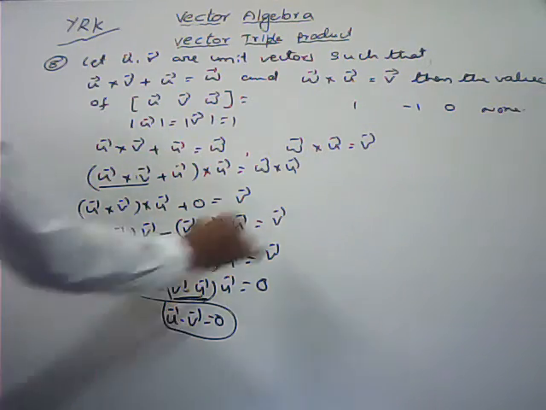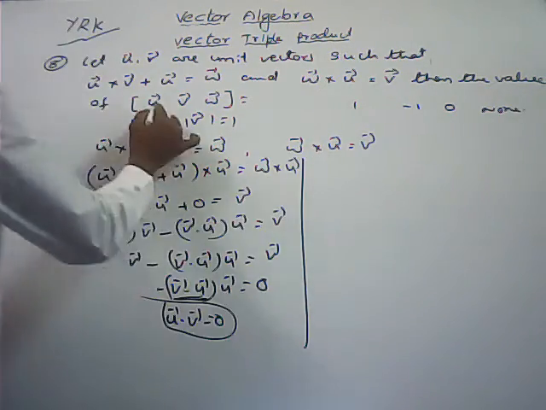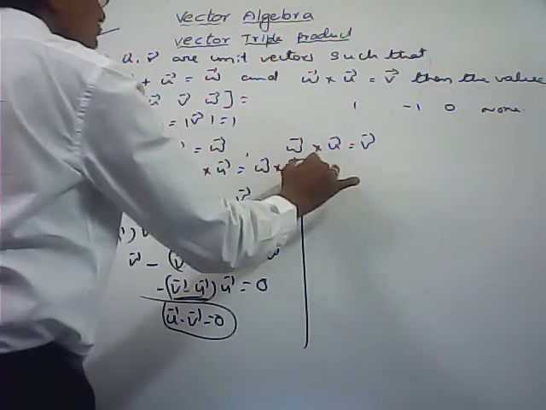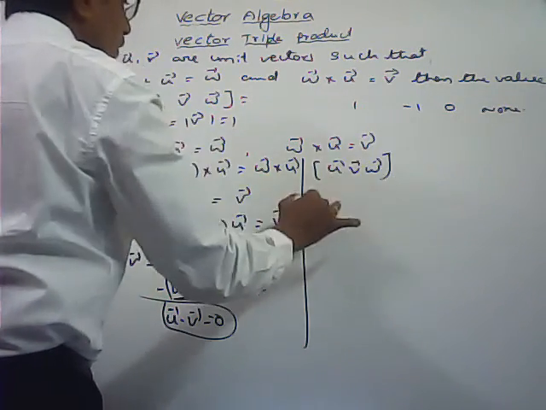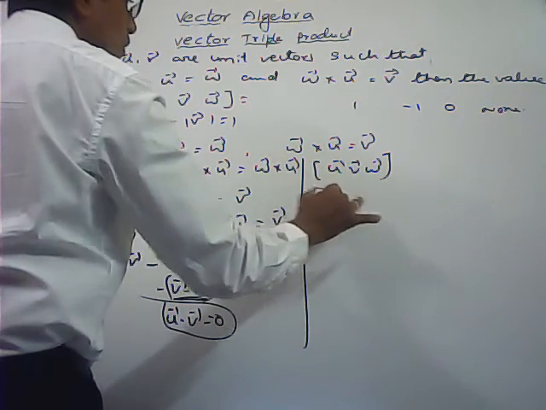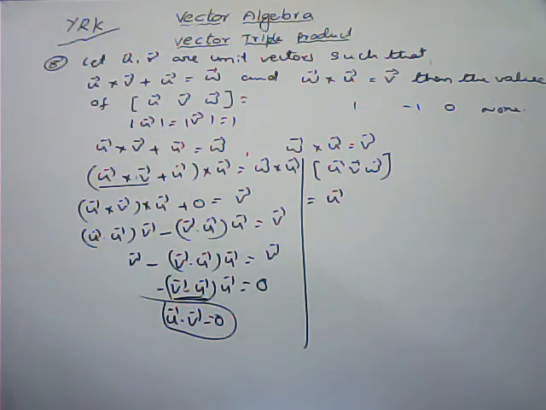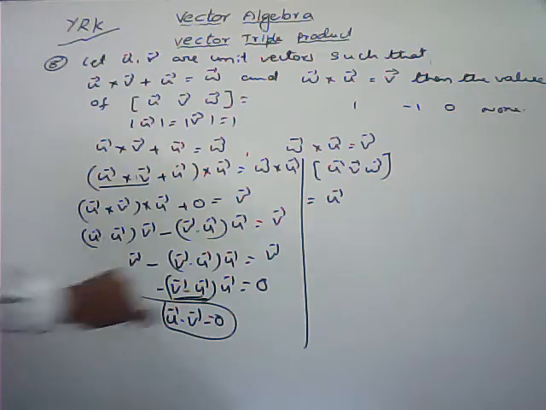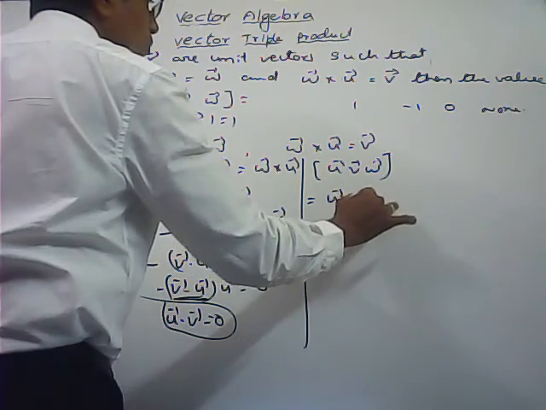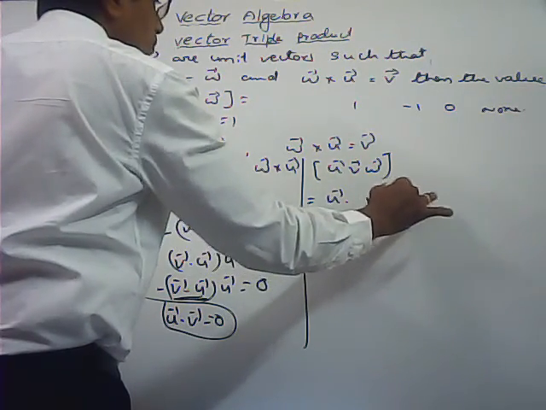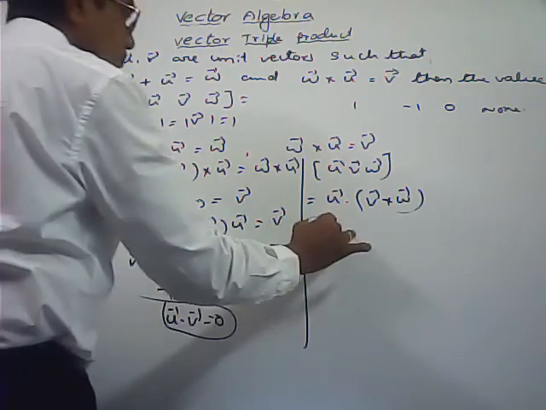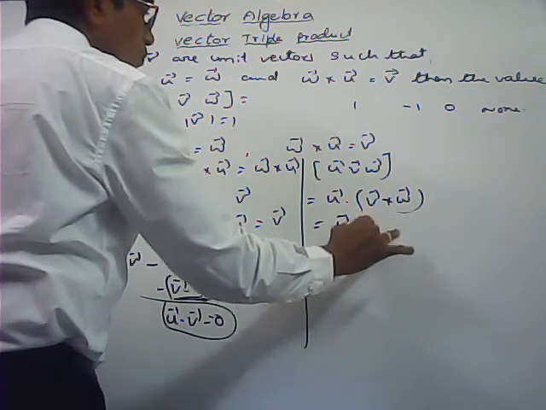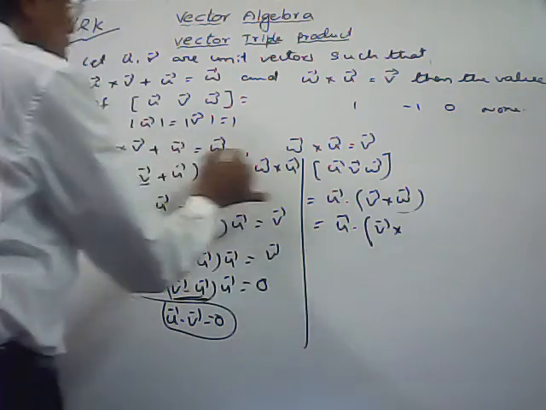Now here we want the value of box UVW. How to write that one? That is equal to U bar dot (V bar cross W bar). Here U bar dot V bar cross, and what about W bar?